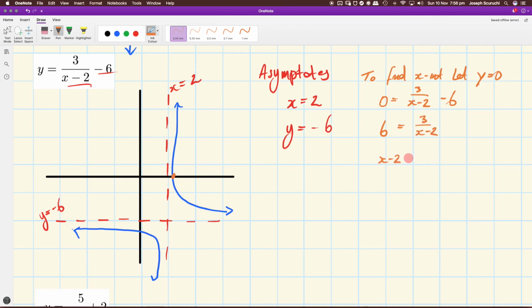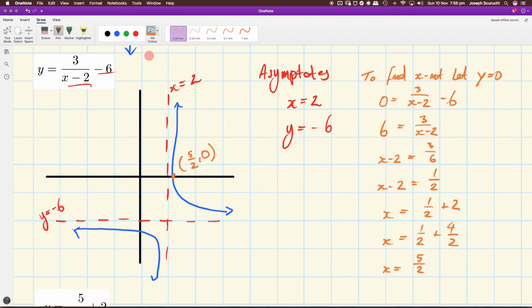Do some more rearranging, 3 over 6. I'm just doing every step so we're all on the same page. Plus 2 to this side. Get common denominators. I'm going to be left with 5 on 2. So this will be 5 on 2 and 0.